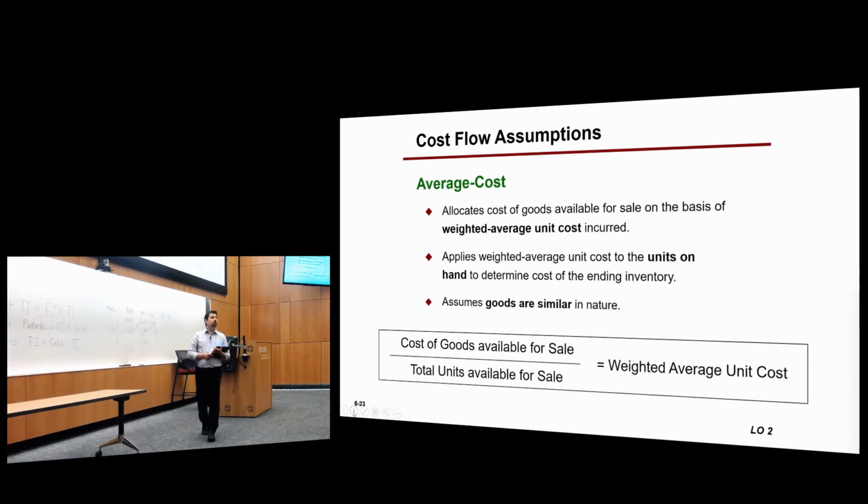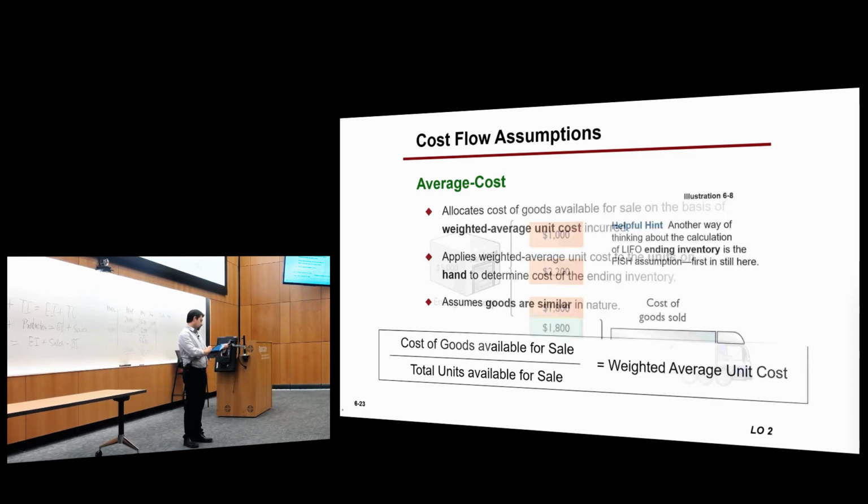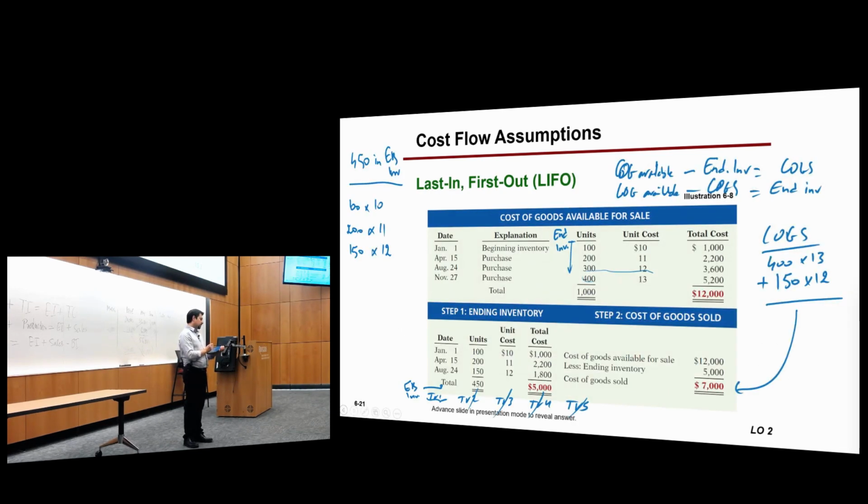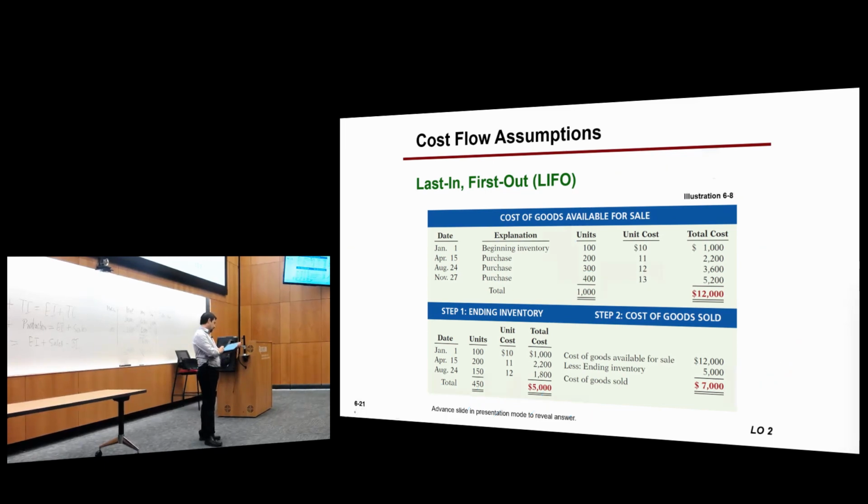So here, you don't just take the average of all the items. If you take the average here, it will be 10 plus 11 plus 12 plus 13. However, we cannot use it directly because you bought different numbers of units with each batch, right?